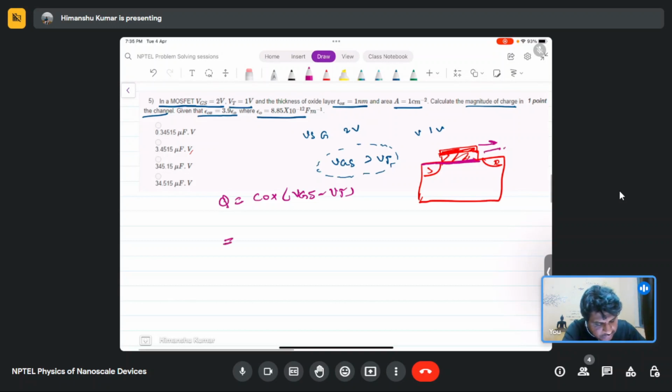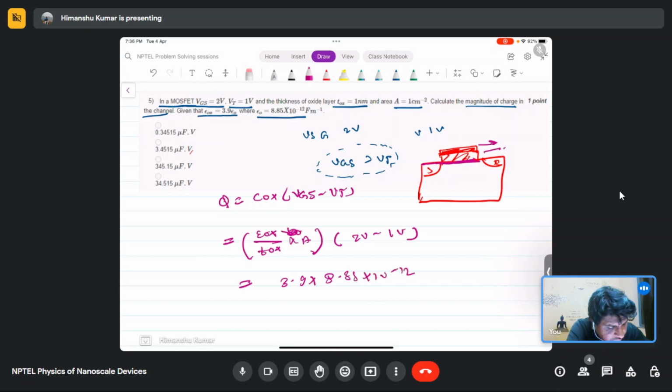If we put in all the values, Cox is epsilon ox divided by Tox, multiplied by area, and then multiplied by 2 volt minus 1 volt. Eox is 3.9 multiplied by 8.85 into 10 to the minus 12, and Tox is 1 into 10 to the minus 9.